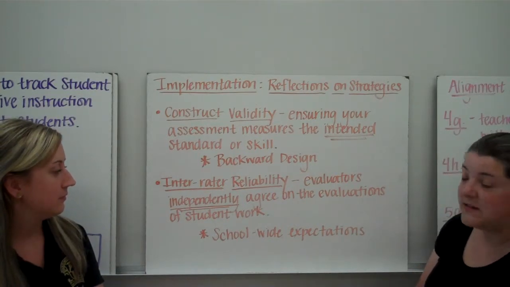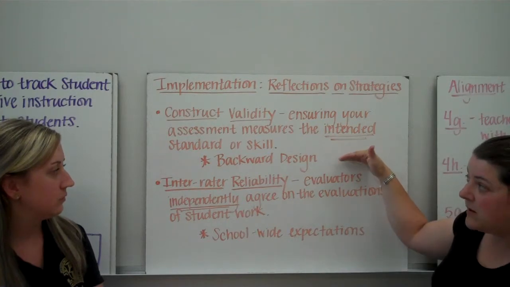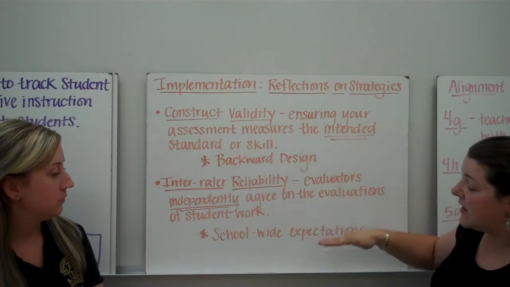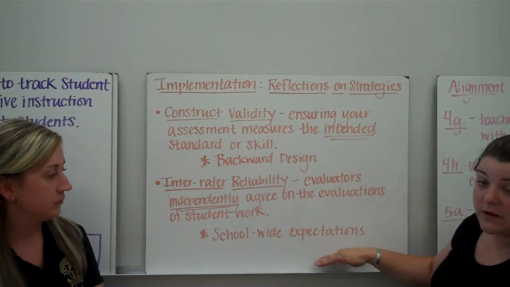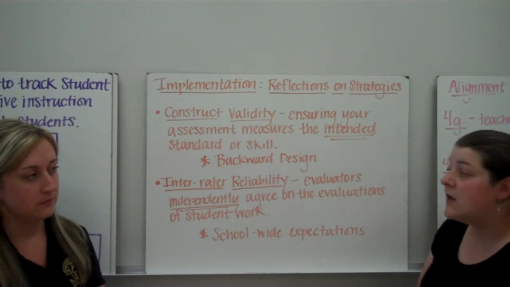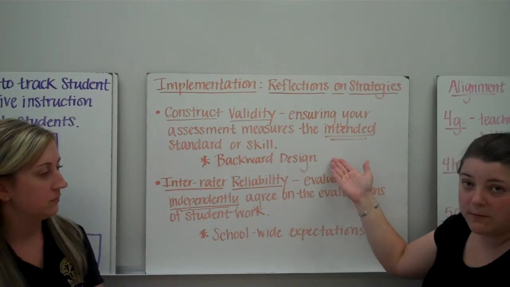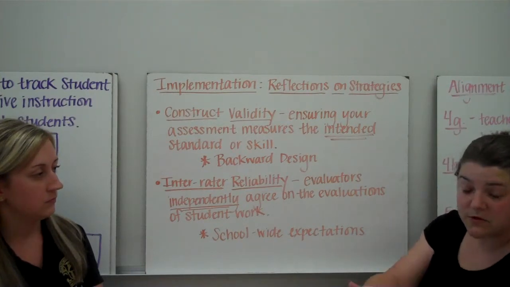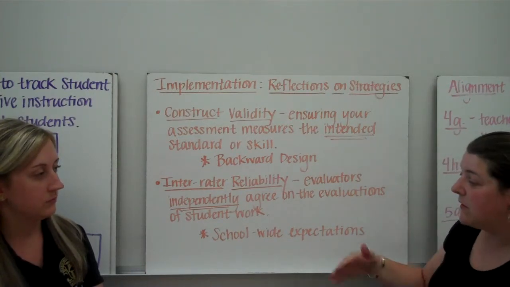And each one of these kind of runs, the construct validity runs with the backward design, whereas the inter-rater reliability runs with school-wide expectations. So this, we'd be able to make sure that we're getting our standards met by, starting with the standards first and then moving forward.